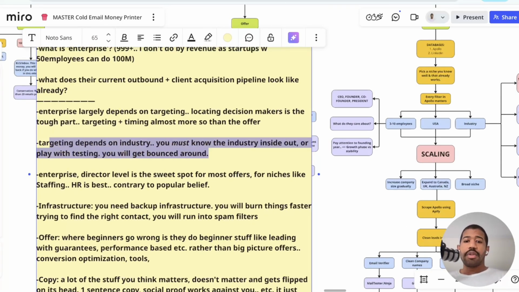For example, staffing and recruitment is an industry I know rather well, because I worked in that industry, and most of my clients are staffing and recruitment agencies right now. Those two things put together allow me to know exactly who to reach out to and where the bulk of our replies are going to come from.